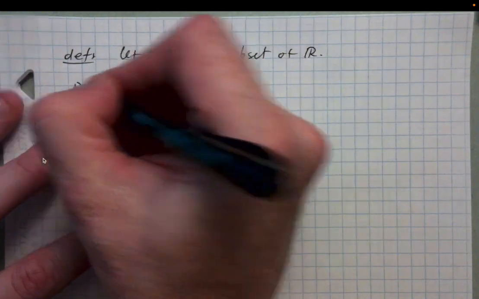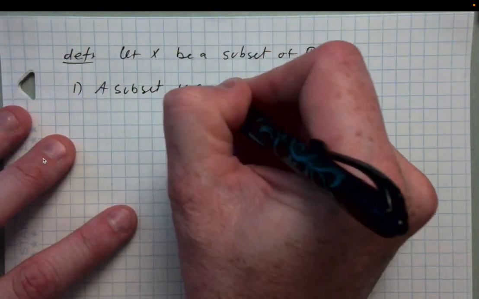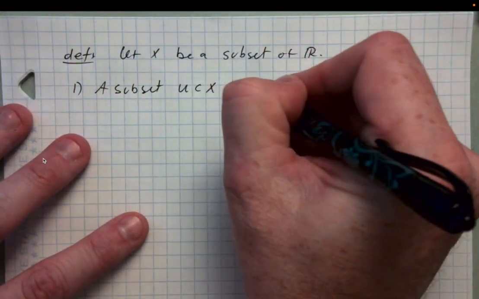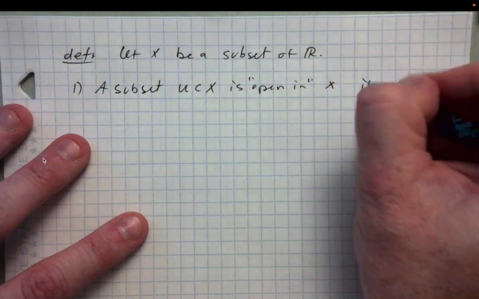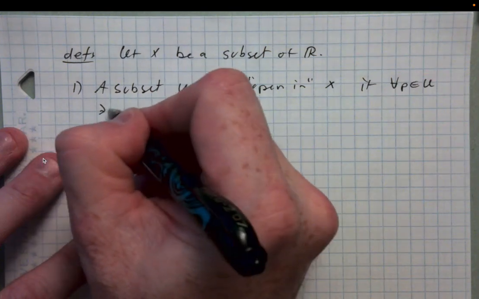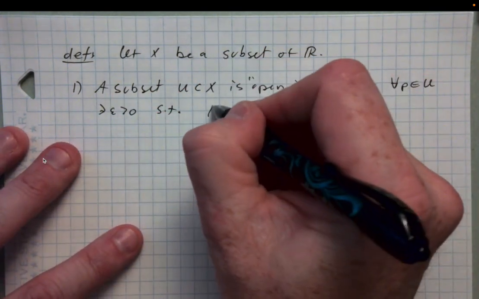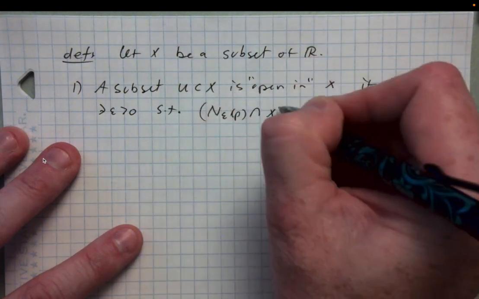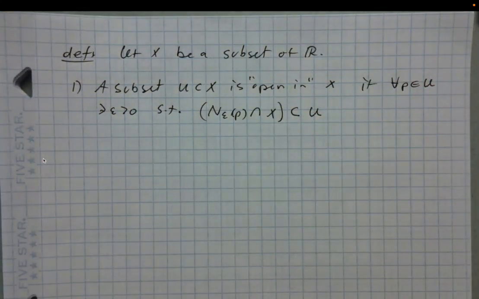Okay, and there's two parts to it. A subset U inside of X, a subset U of X, is open in X if for all P in U there exists an epsilon greater than 0 such that the epsilon neighborhood of P intersect X is a subset of U. Okay, don't freak out.